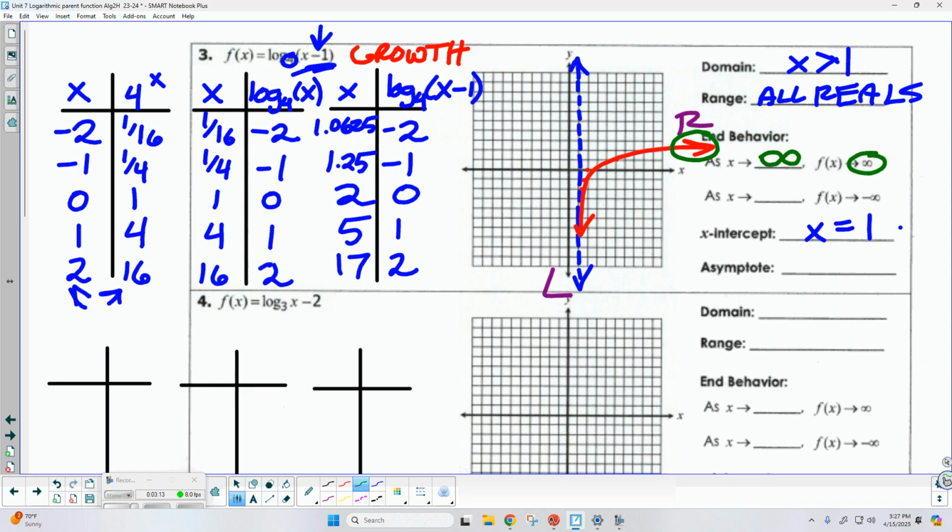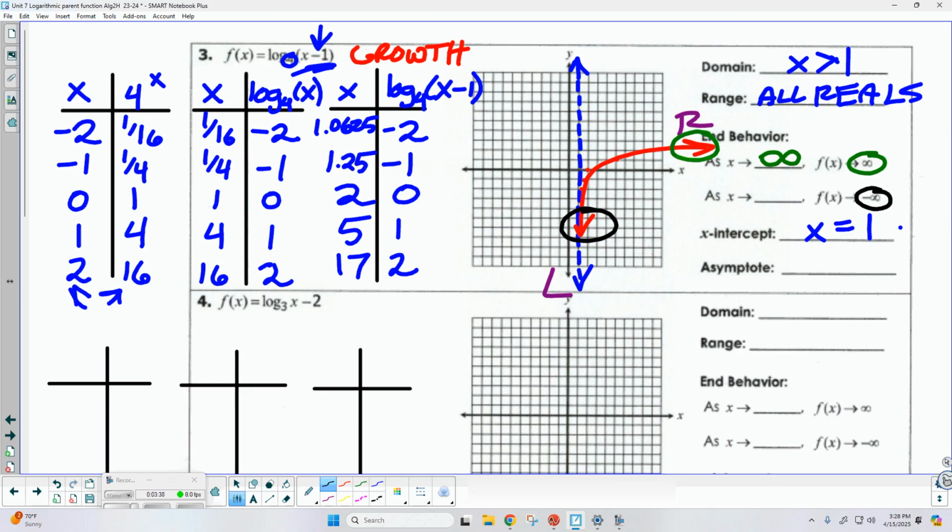Now let's use another color here. So as x approaches blank, the y values f of x are going to approach negative infinity. Well, the only part of this log that's actually approaching negative infinity is right here by the asymptote. So what is x going to have to approach? 0 or 1? Okay, 1. Typically it's been 0 because we haven't had a horizontal shift.